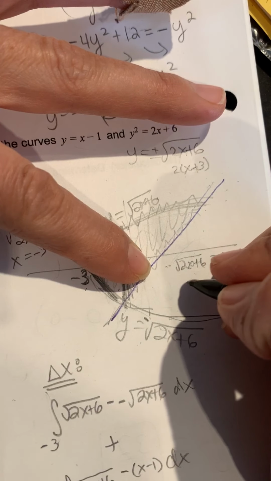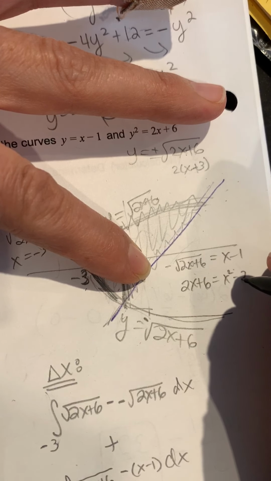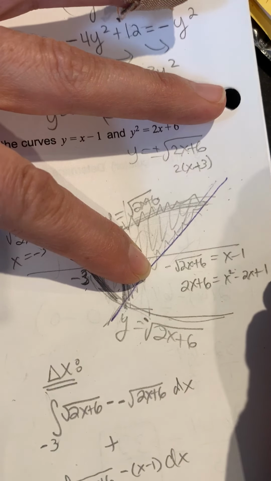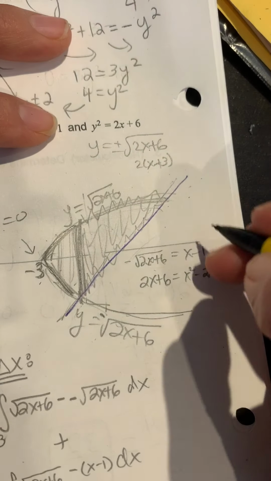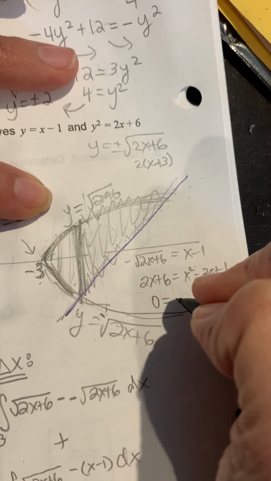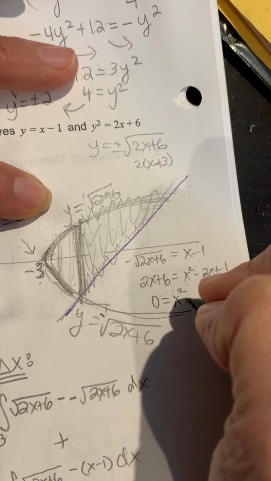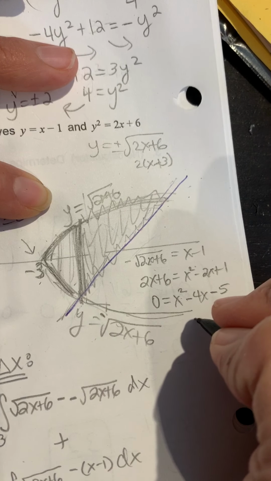Let's square both sides. That will make it 2x plus 6 equals x squared minus 2x plus 1, because I'd have to have FOILed x minus 1 times x minus 1. And then 0 is equal to x squared minus 4x minus 5.